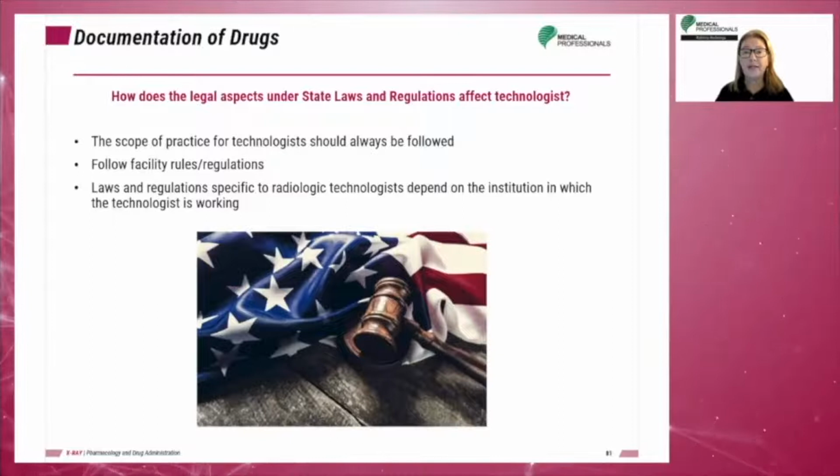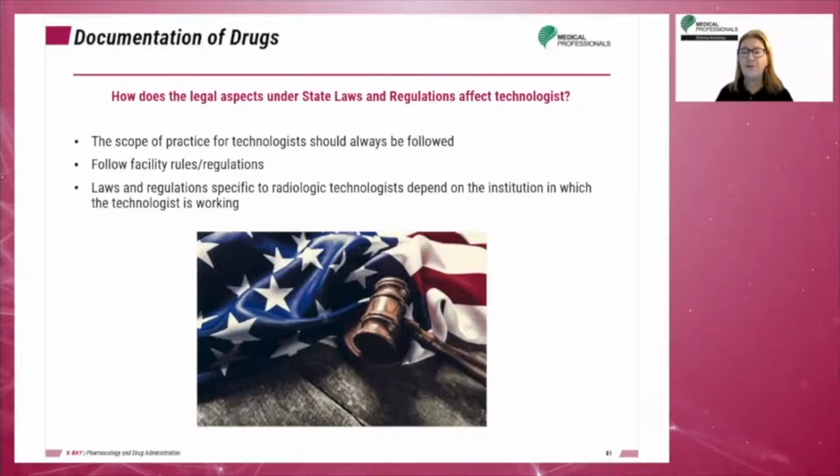Laws and regulations specific to radiologic technologists depend on the institution in which they are working and the state laws governing technologists giving injections. Always follow the ASRT position statement, scope of practice, and standard of care.